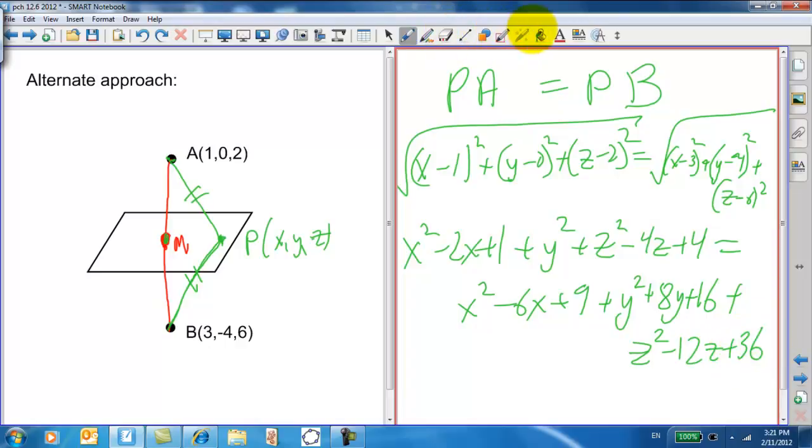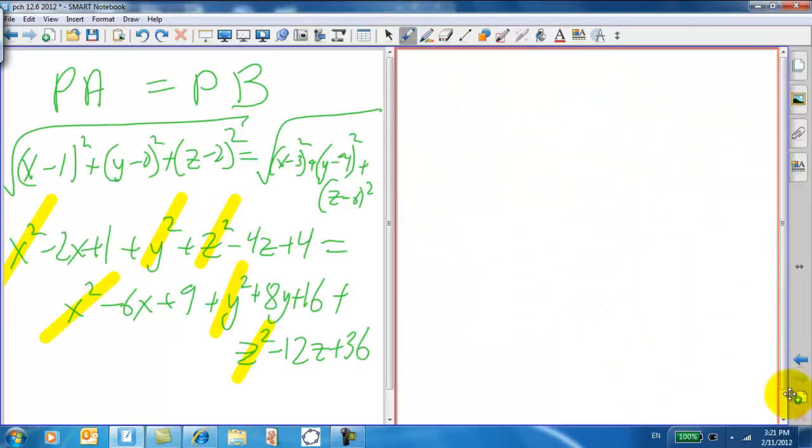And note what cancels here. It looks like it's hard at the beginning, but it's kind of just a one-step thing. It's just a matter of simplifying all this now. Our x squareds cancel, y squared from both sides, and z squared from both sides. We've got a negative 6x here, so let's add that to both sides to get 4x. We've got an 8y over here, and no y's left over there, so let's call it minus 8y.